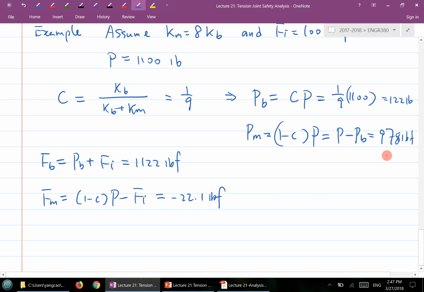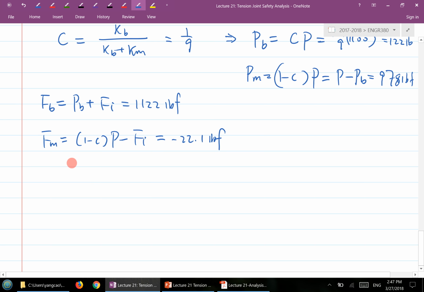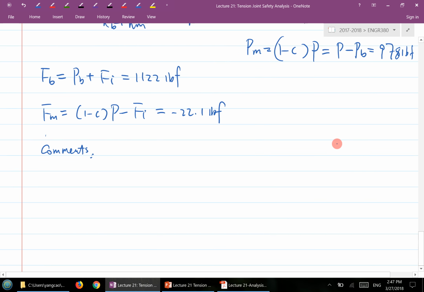Let's look at the formula for C. Pb over P, that's the C. So the value of C determines how much portion of the external load goes to the bolt and how much goes to the member.